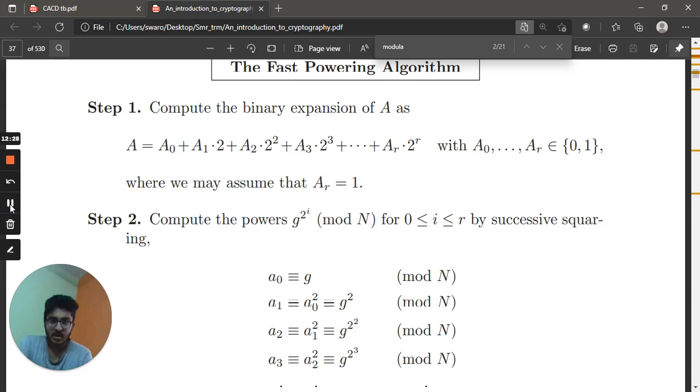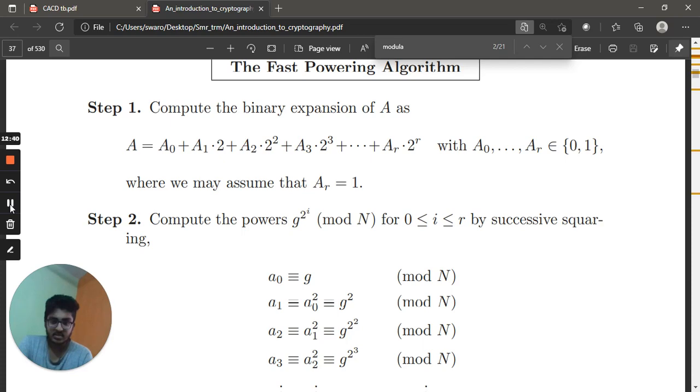Step 2, compute the powers g power 2 power i mod n for 0 less than or equal to i less than or equal to r by successive squaring.